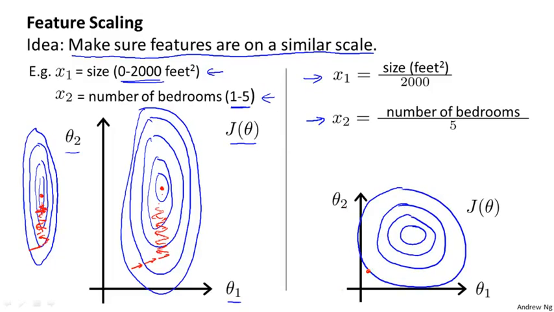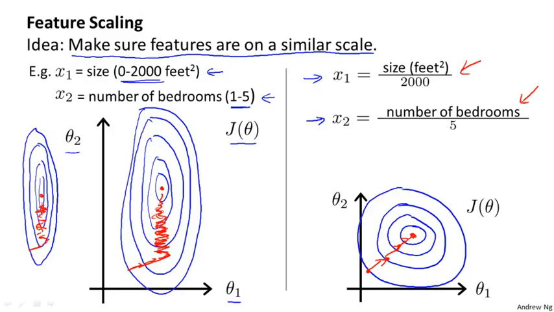And if you run gradient descent on a cost function like this, you can show mathematically that gradient descent can find a much more direct path to the global minimum, rather than taking a convoluted path where it's trying to follow a much more complicated trajectory to get to the global minimum.